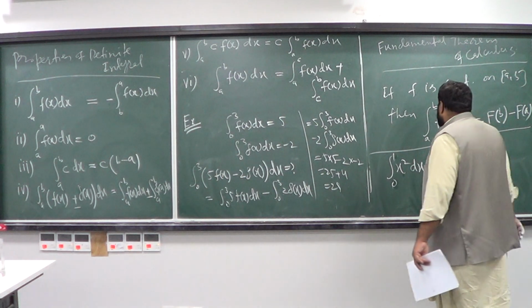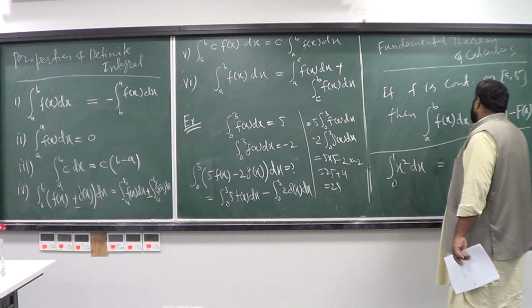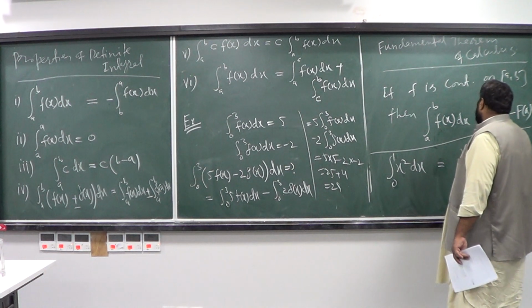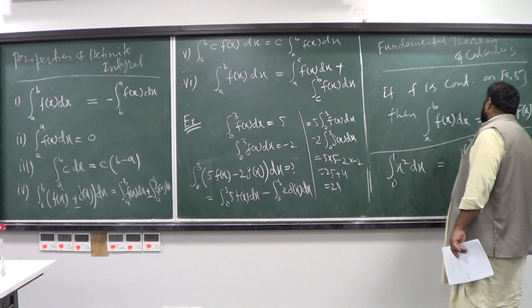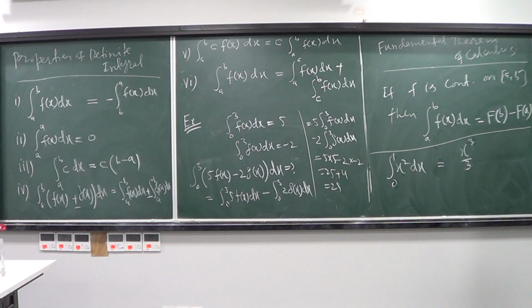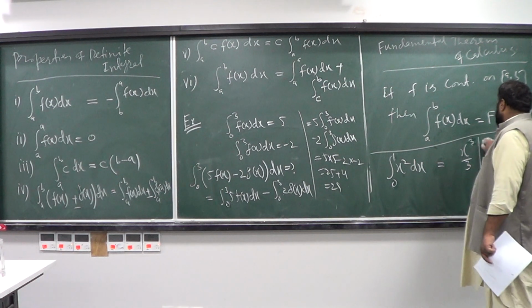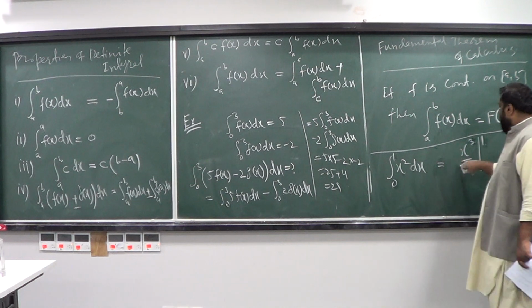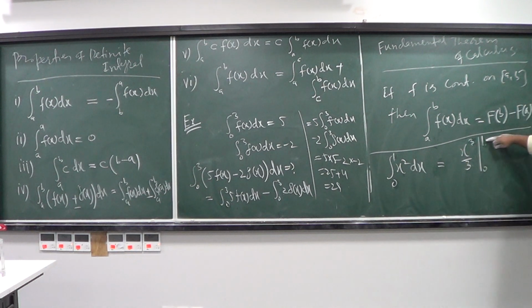So the antiderivative of x squared is going to be x cubed upon 3. And now evaluate this antiderivative first at the limit 1 and then at the limit 0.